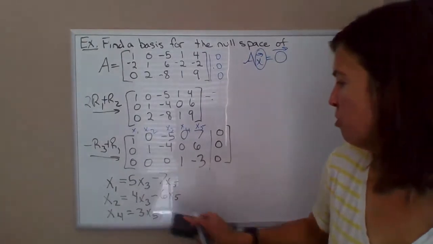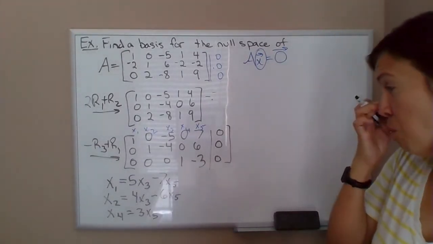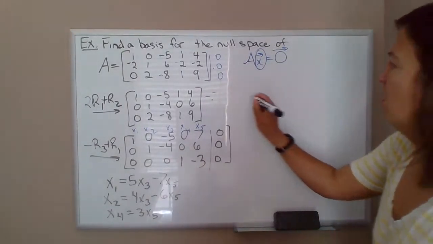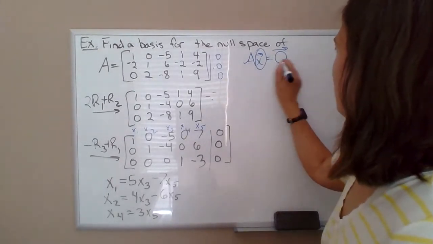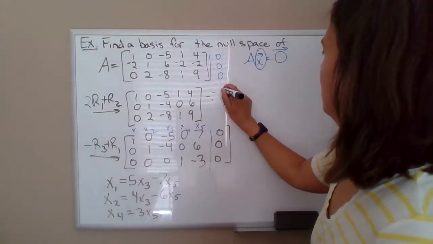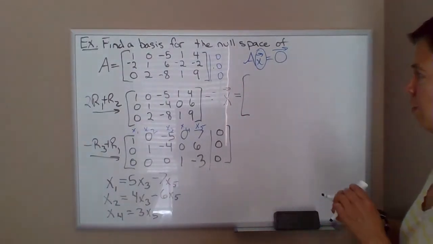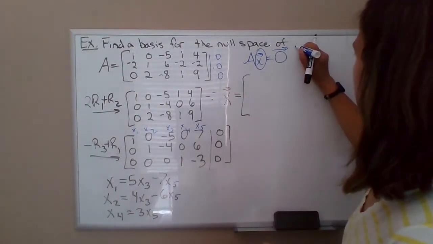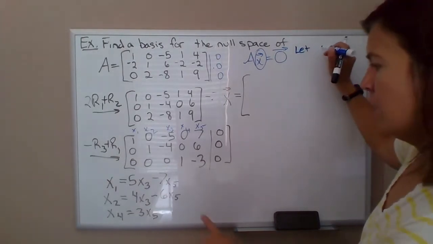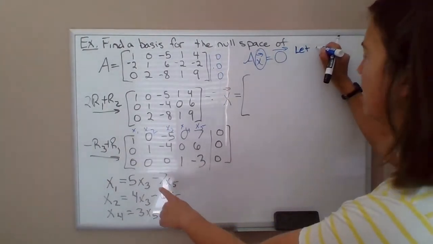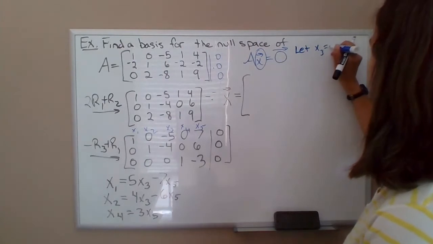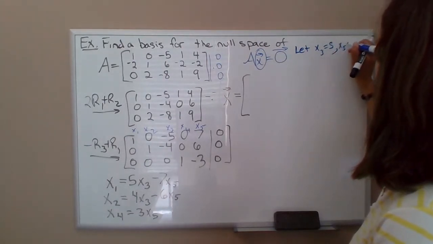So our free variables are x3 and x5. Those are our parameters. So any solution to this Ax equals 0 equation, let's go ahead and set up the parameters. Let's let x3 equal s and x5 equal t.